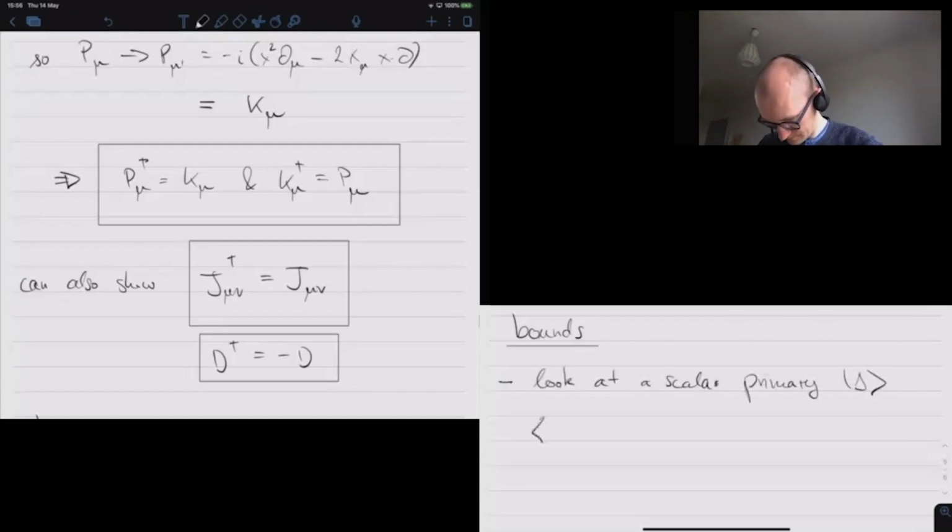Now, let us assume that that state has positive norm. And let's look at what happens to the level 1 descendant. Let's define psi mu, which is just P mu acting on delta.